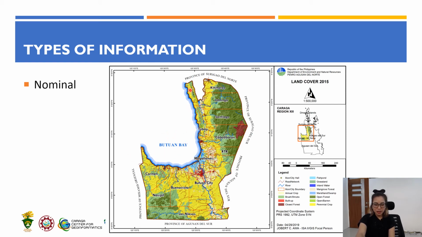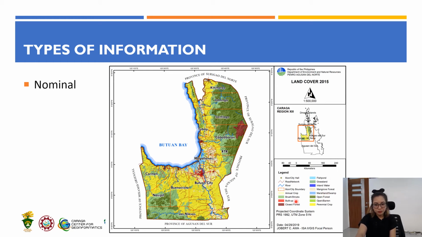So this is the sea, and because it's color blue, it could be a fish pond, marshland, or inland water, the river. But the river is this line, because the blue ones are polygons.